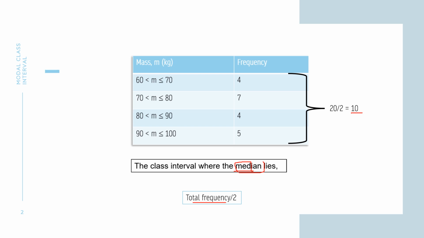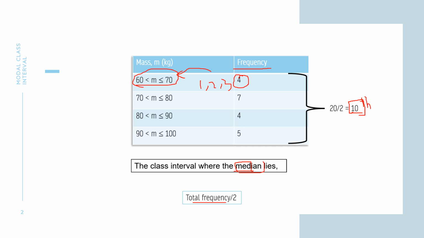Now let's look at here. So until the fourth position, 1, 2, 3, 4, the frequency lies in this class, right? We want the class where the 10th position lies because that's the median.